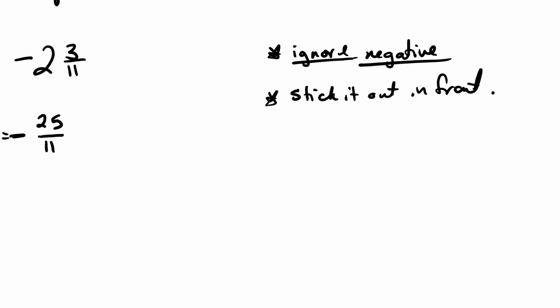Say you have an answer like 17/12. You're going to want to get that into a mixed number.